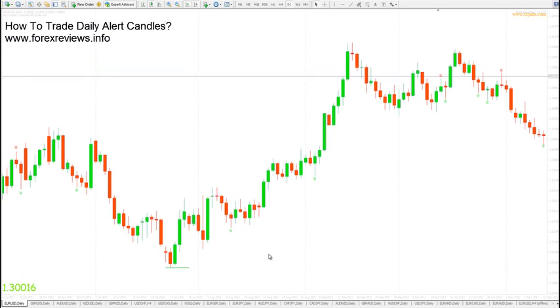what we're doing is looking for an alert candle. An alert candle is when you've got candles coming down, all these red bearish candles, and then you get this big green candle that is either the same size or bigger than the previous candle. That is an alert candle. That's an engulfing candle, so that is a great trigger.